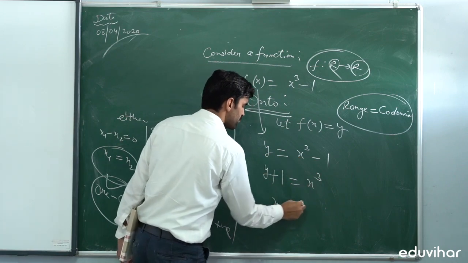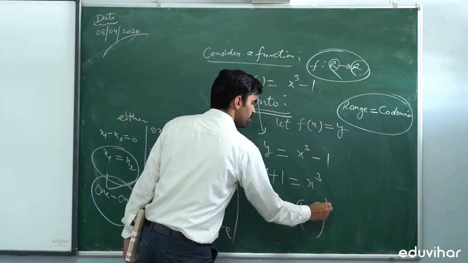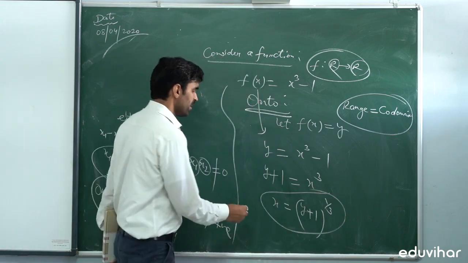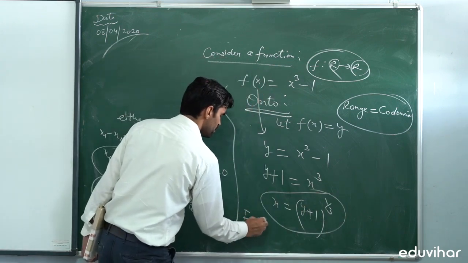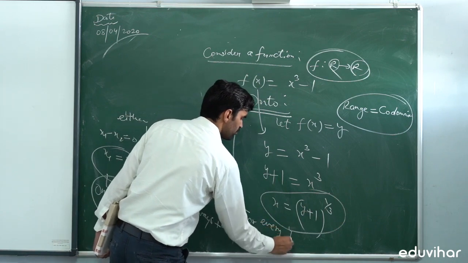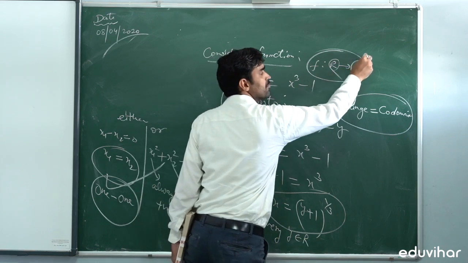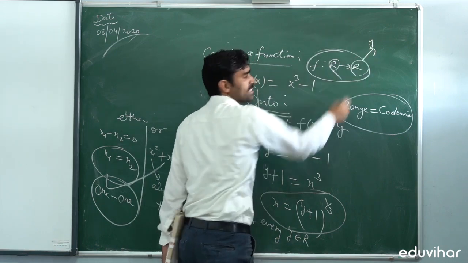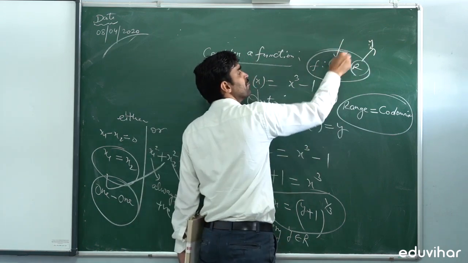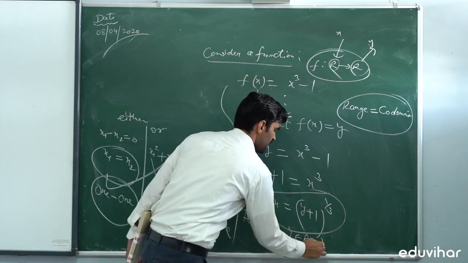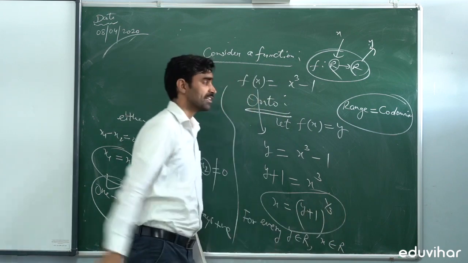The value of x is (y plus 1) whole power 1 by 3. In this way, we can say for every y which belongs to the set of real numbers, we have an x which belongs to the set of real numbers.